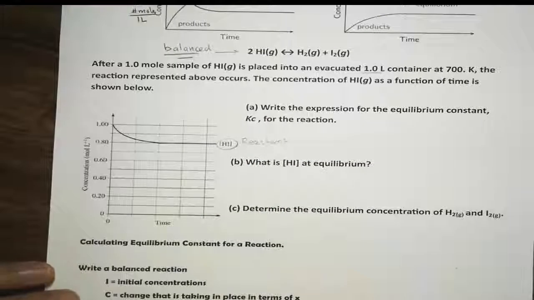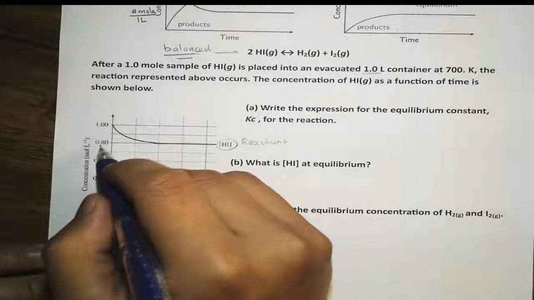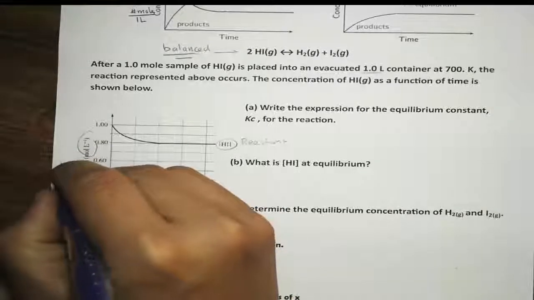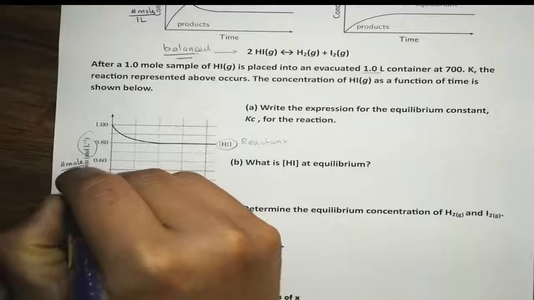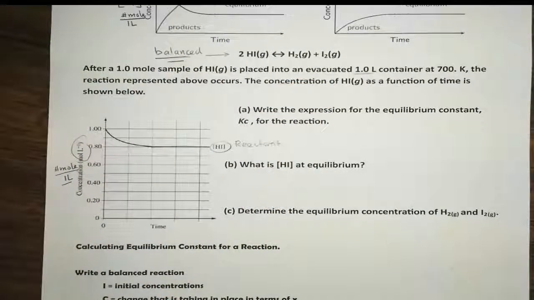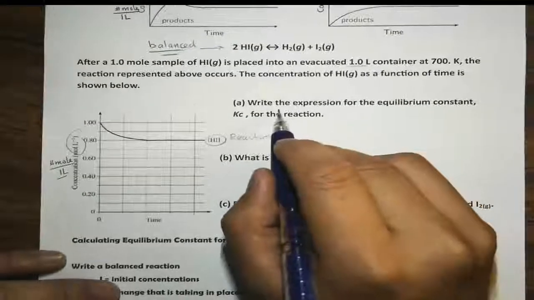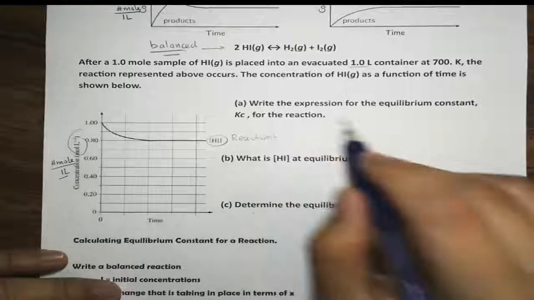So keep that in mind. We are given specific values of concentration. Notice how this is number of moles over 1 liter. That is very important. If you don't have 1 liter, you have to change everything to molarity. So in this case, write the expression for the equilibrium constant K for the reaction.